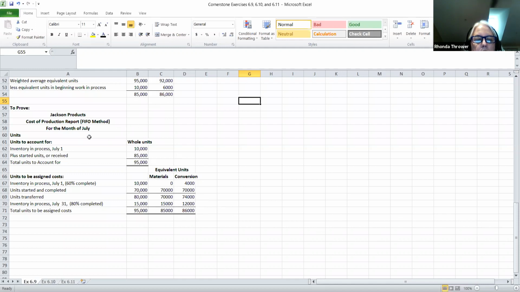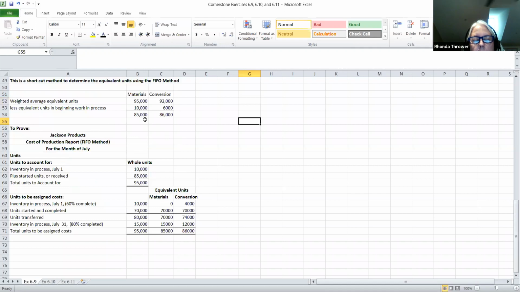So all of this was just to prove what this was stating. You did not have to do any of this. What they wanted is just the answers of 85,000. That would be the materials cost per equivalent unit using the FIFO method, and the conversion cost per equivalent unit is 86,000 for the FIFO method.